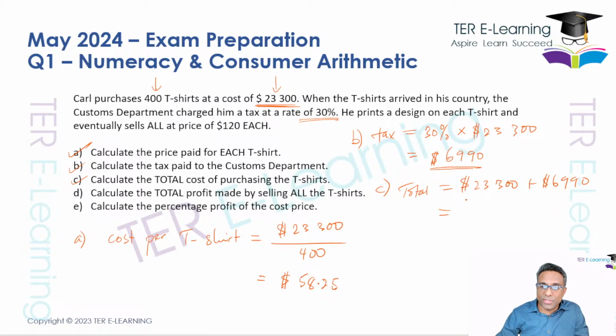And he's actually paying $30,290. So that's his total that he's paying for all of these t-shirts.